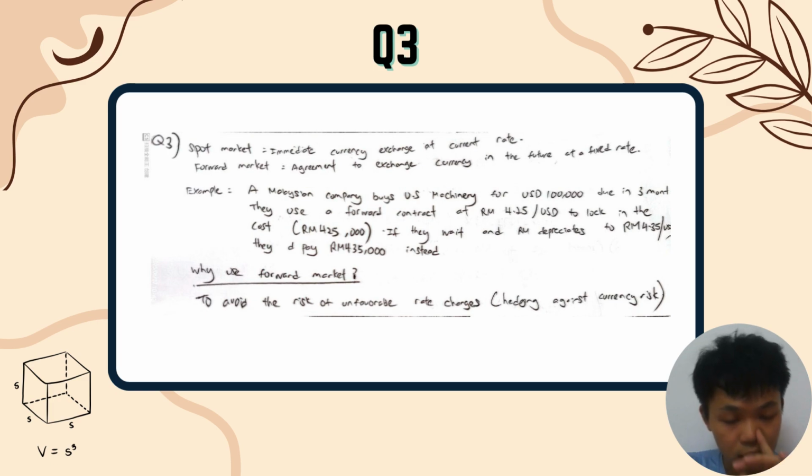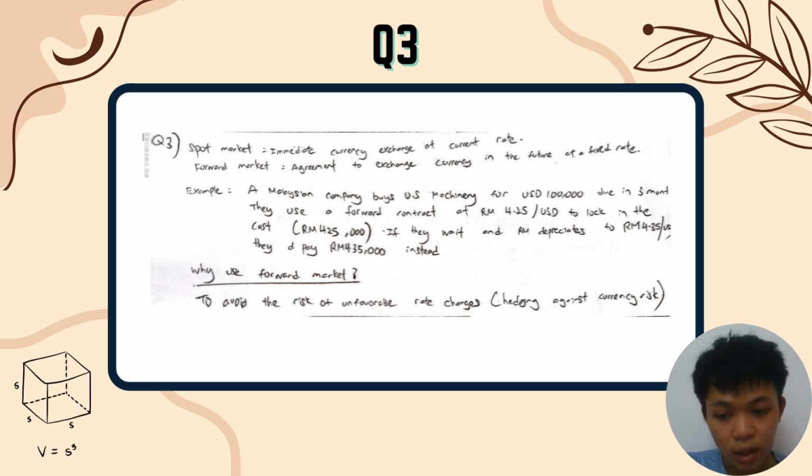So let's use a case example. A Malaysian company needs to pay USD 100,000 in 3 months. If they lock in a forward rate at RM 4.25 per USD, they avoid the risk of RM weakness.